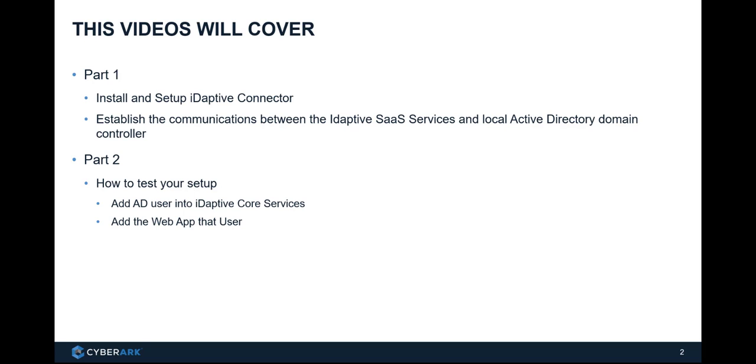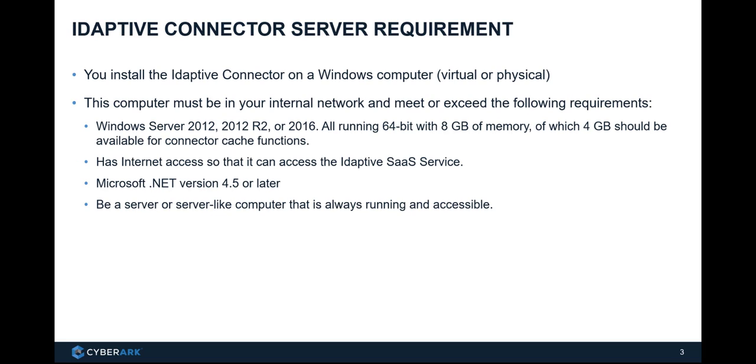Let's talk about some of the requirements for the iDaptive connector. You need to install the iDaptive connector on a Windows server, virtual or physical is okay. The Windows server must be running Windows 2012, 2012 R2, or 2016, must be 64-bit with 8 GB memory minimum.